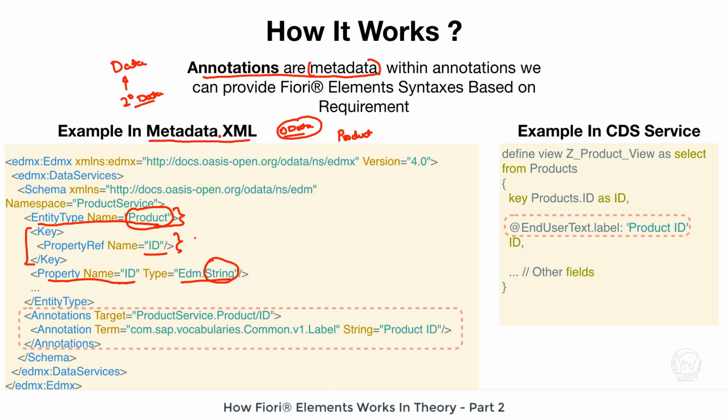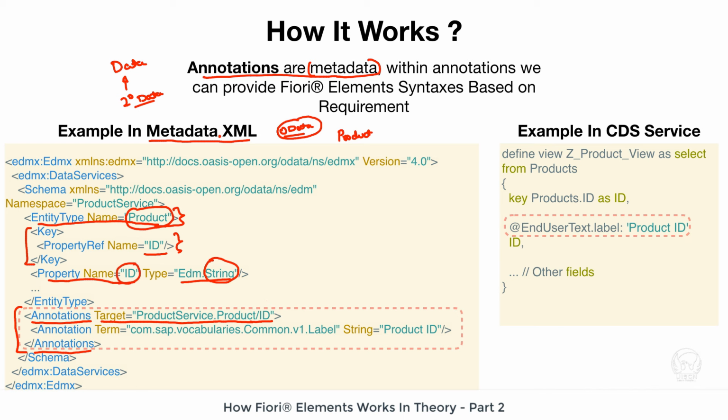All that feature can also be used when you are using an OData service. Now the important part for us to focus on is this annotations tag. There is the annotations start and end tag, and there is this target. It says on which particular property this annotation is applied. So this is the metadata.